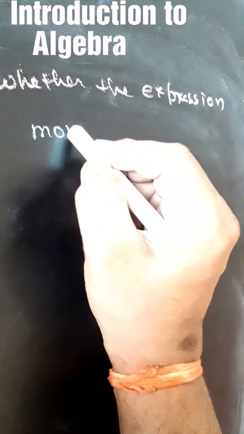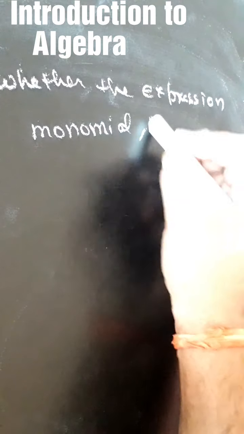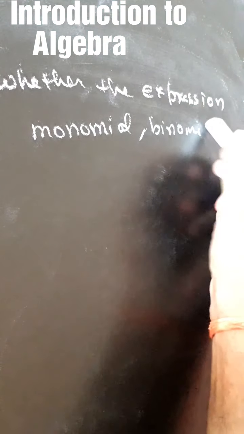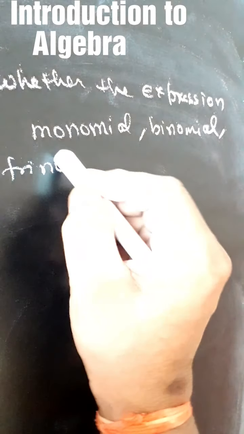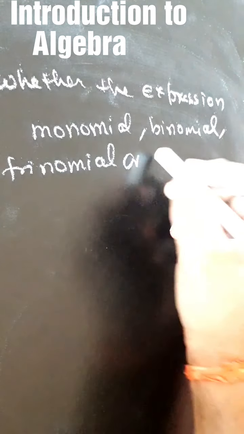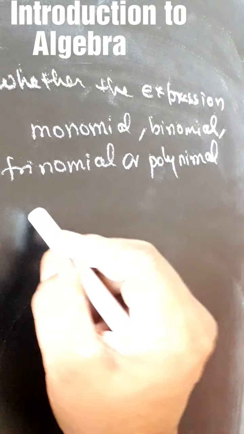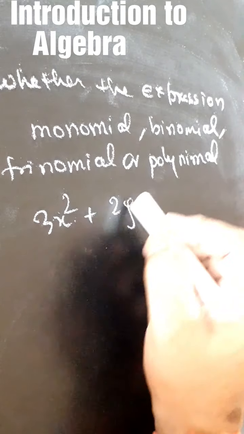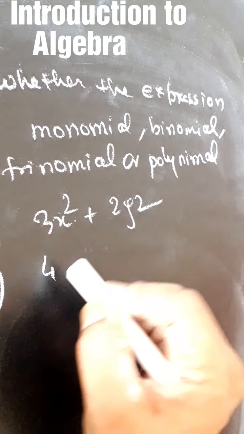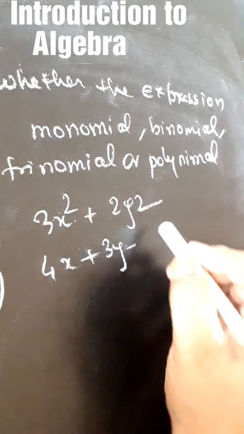Now, in the second question we have to state whether the expression is monomial, binomial, trinomial or polynomial. We have 3x square plus 2yz. Second one is 4x plus 3y minus 5z.